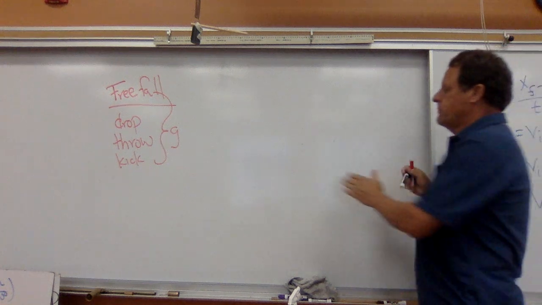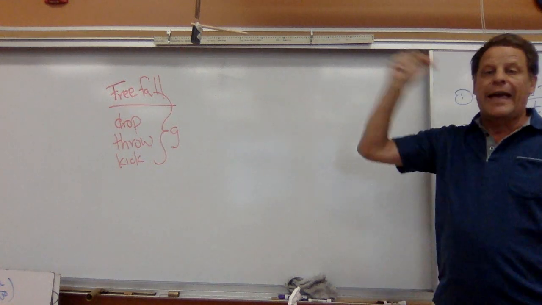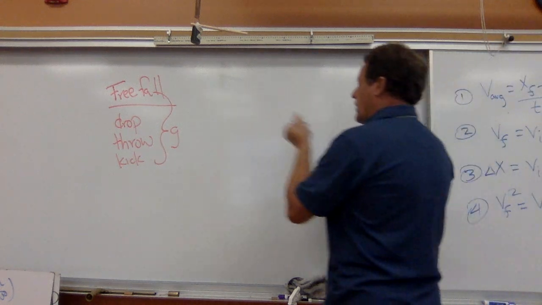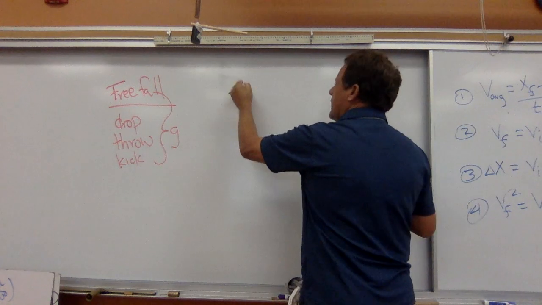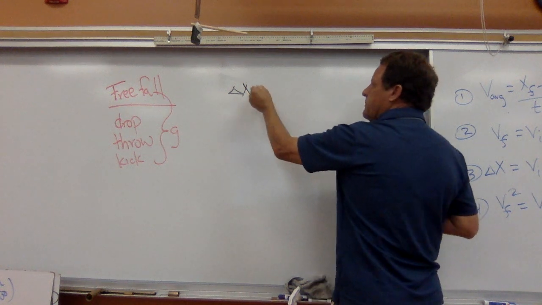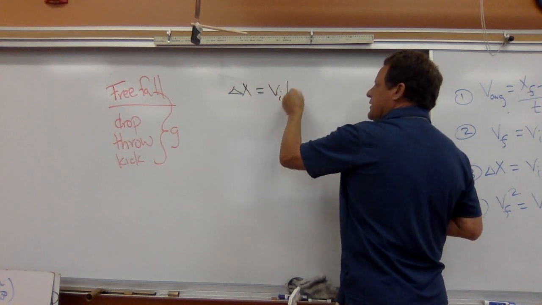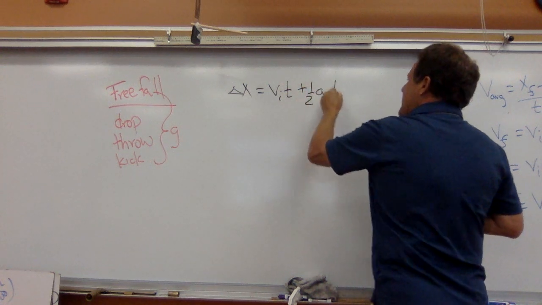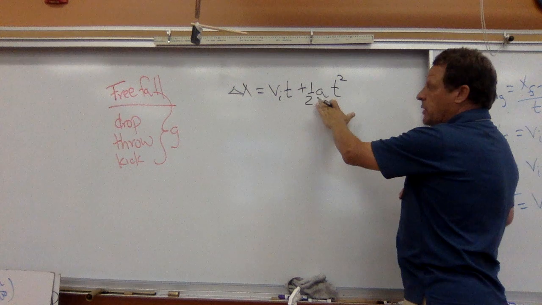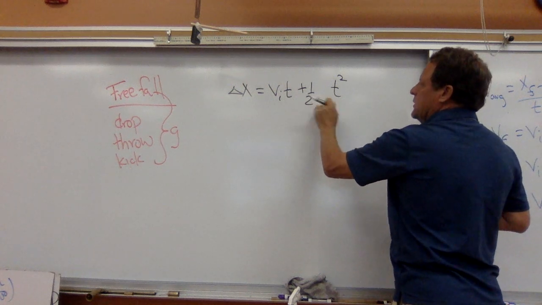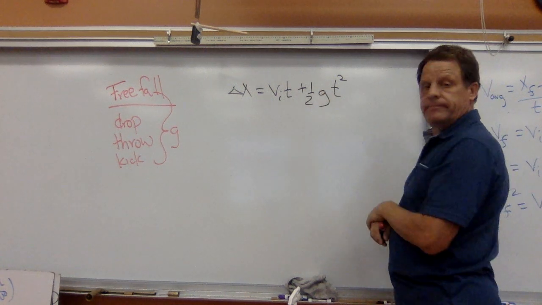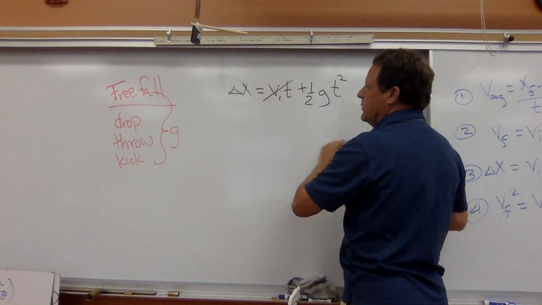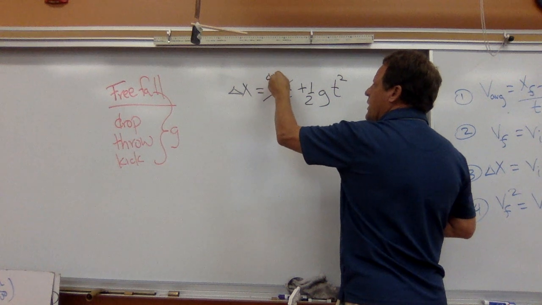So again, if we drop a ball, how far does it go after 1 second? Our equation is delta x, which is our displacement, equal to our initial velocity times time, plus 1/2 at squared, except our acceleration, because we dropped it, is going to be g. And we also said that our initial velocity was 0 because we dropped it.